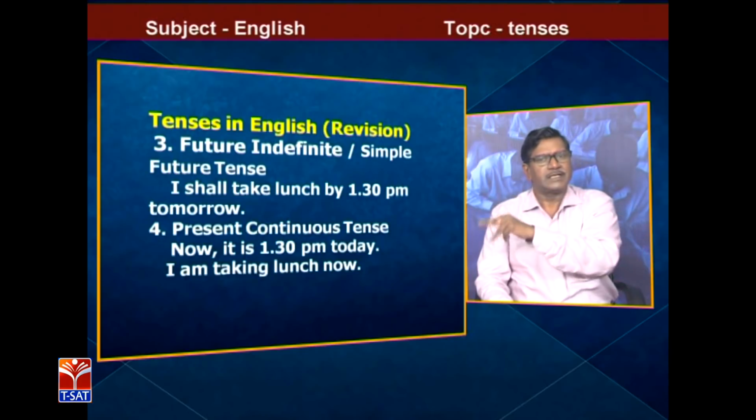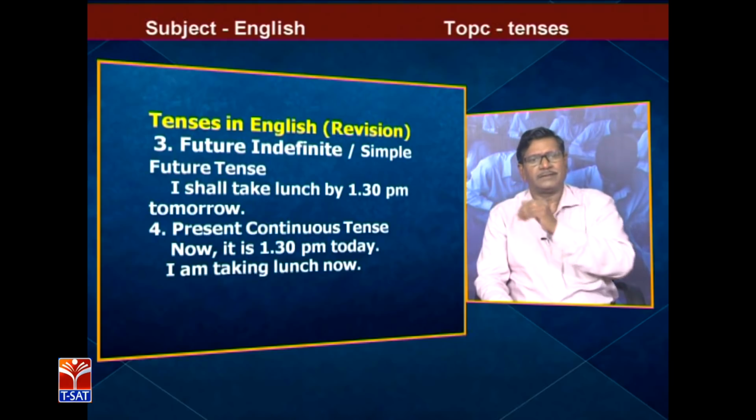Exactly at 1:30 p.m. I was taking lunch yesterday. I shall be taking lunch at 1:30 p.m. tomorrow. That is future continuous. That action will be going on at a particular point of time in future.